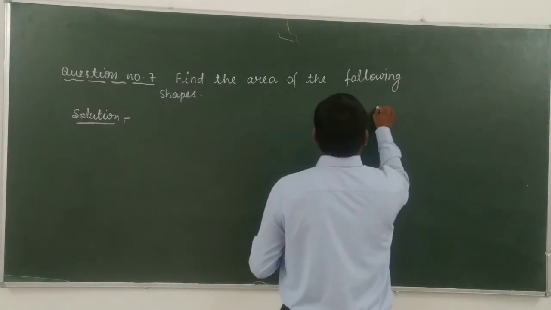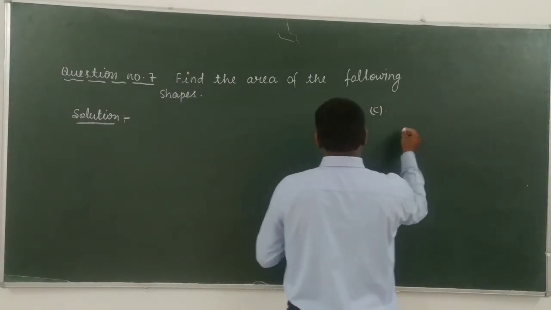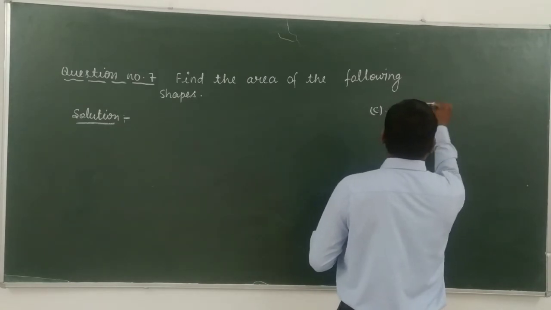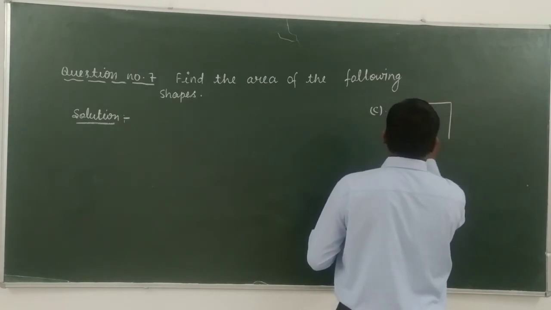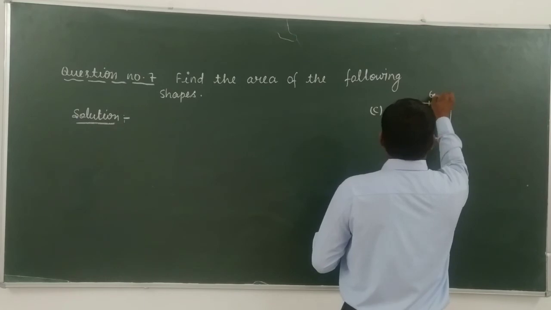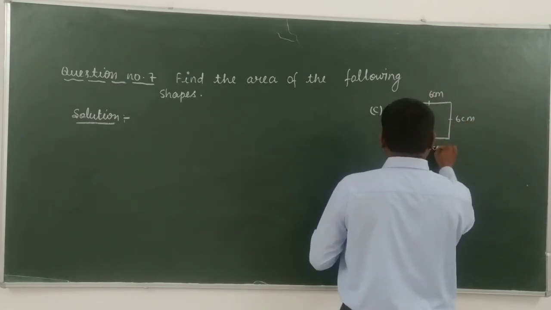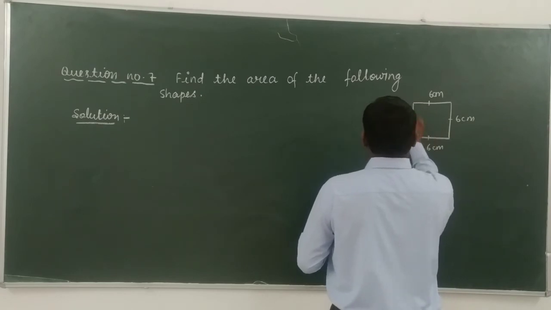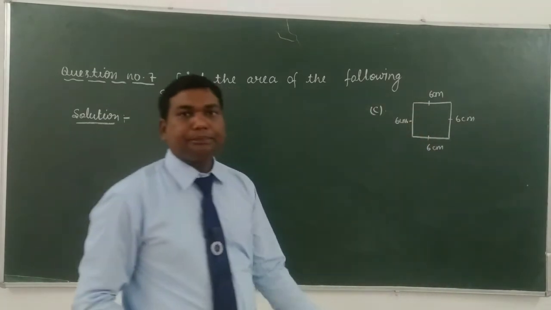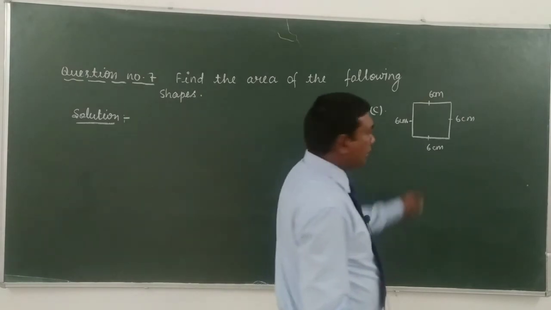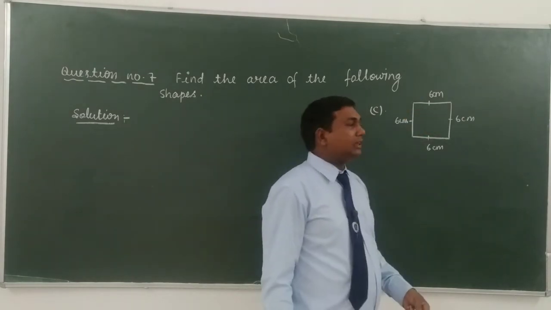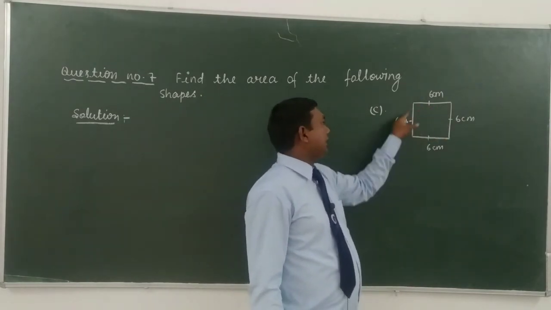The shape of question number 7 of C is, look at here carefully. This is 6 centimeter, 6 centimeter, 6 centimeter, and this is also 6 centimeter. Here given that four sides are equal.